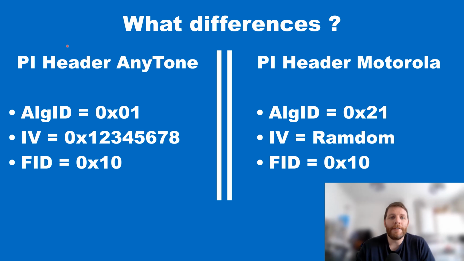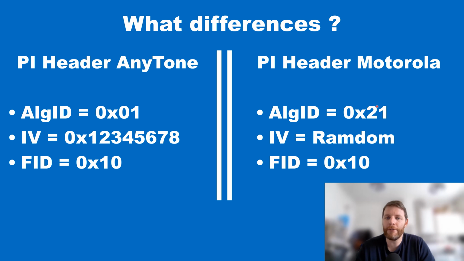What are the main differences between the PI header sent by an AnyTone terminal and the PI header sent by Motorola or a DMR product like Itera? First difference, the algorithm ID. AnyTone sends 0x01 and Motorola 0x21.